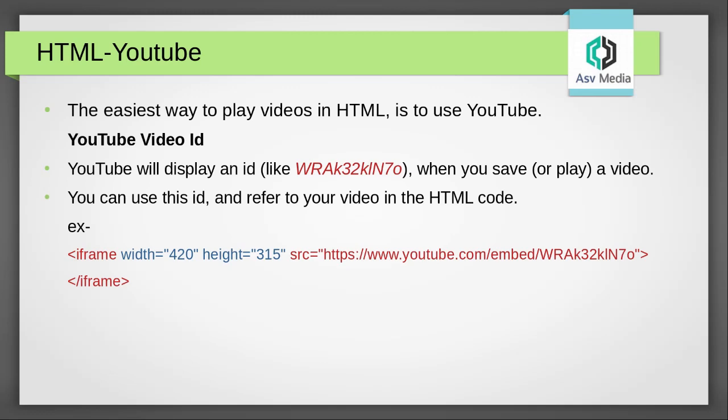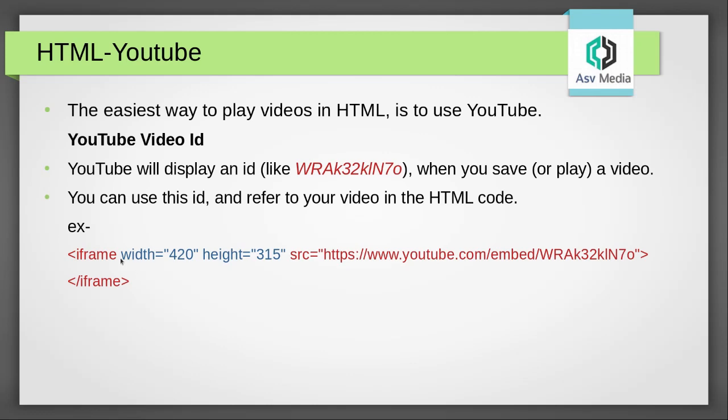So, the YouTube video ID. YouTube will display an ID like this when you save or play a video. You can use this ID to refer to your video in HTML code. So how to use this? For example, I have an iframe, as we have already discussed iframes.